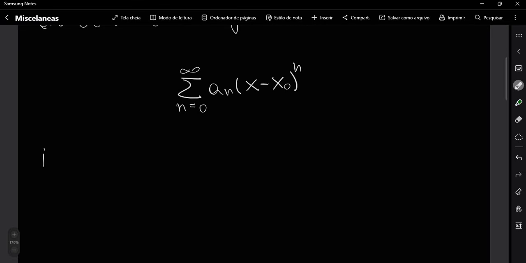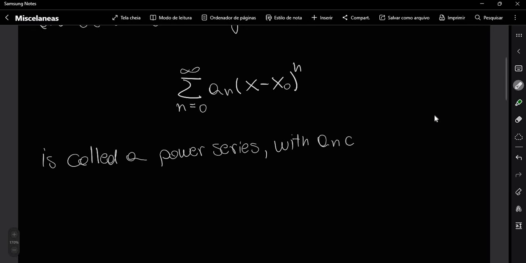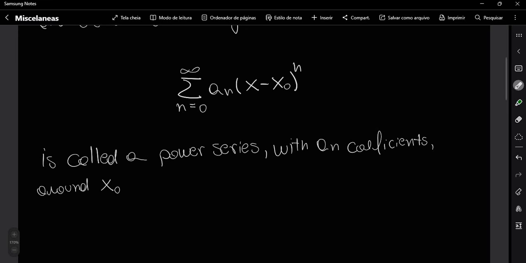So it's called a power series with a_n coefficients around x0.